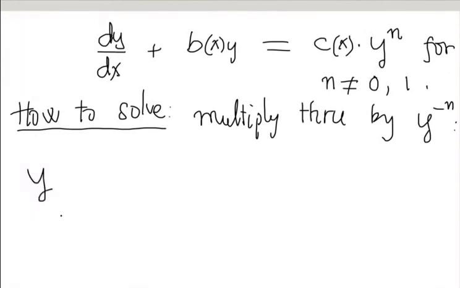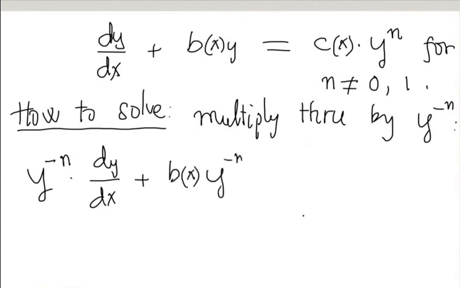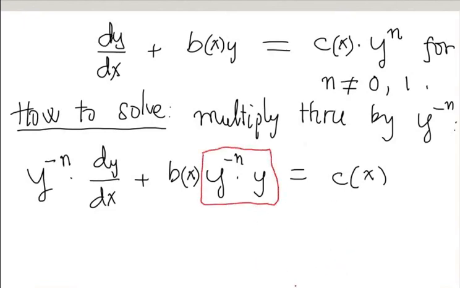But we will have on the left-hand side y to the negative n times dy/dx plus b(x) y to the negative n times y here, and then c(x) on the right-hand side. The middle terms here can be combined into a new exponent of y to the 1 minus n.